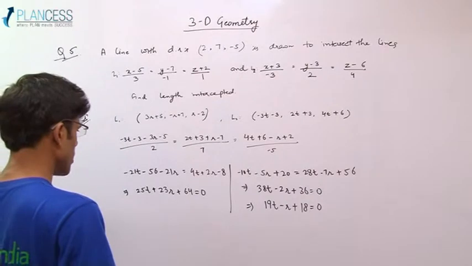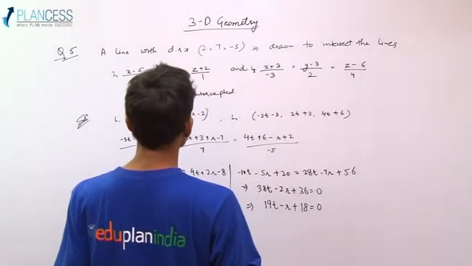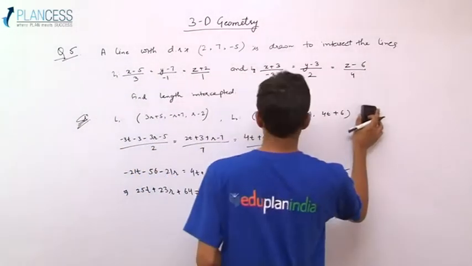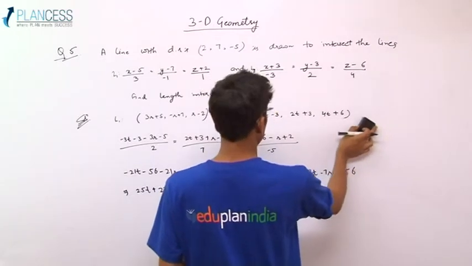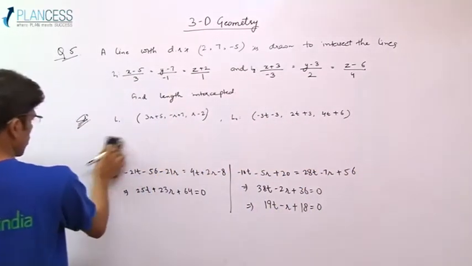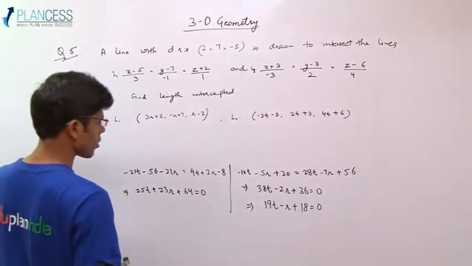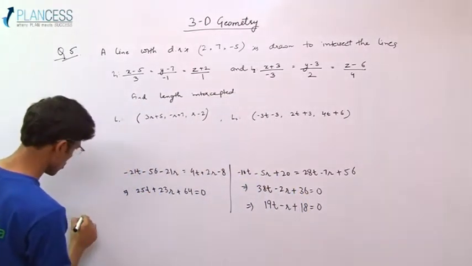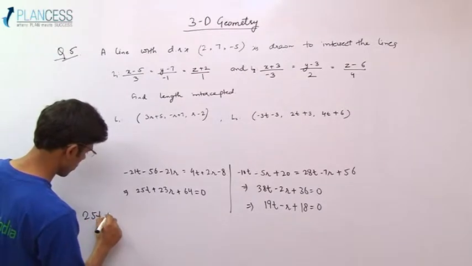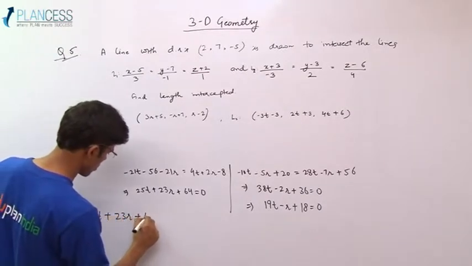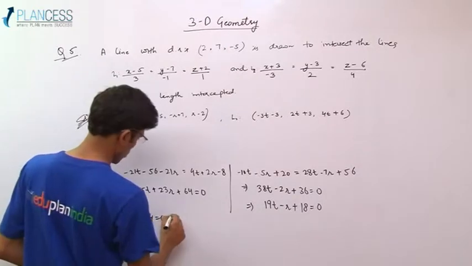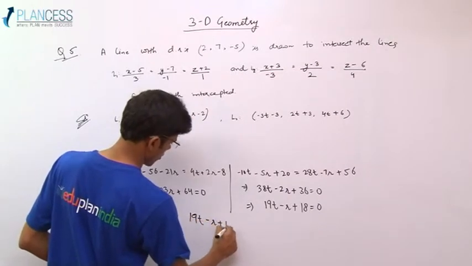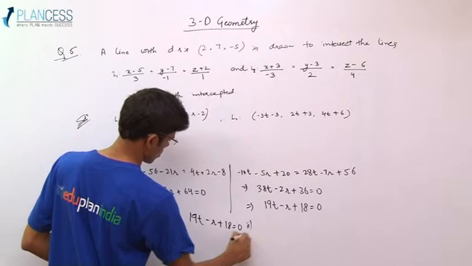Okay, so if we solve these two equations, let's rewrite them. These two equations are 25t plus 23r plus 64 is 0, equation first, and 19t minus r plus 18 is 0, equation second.